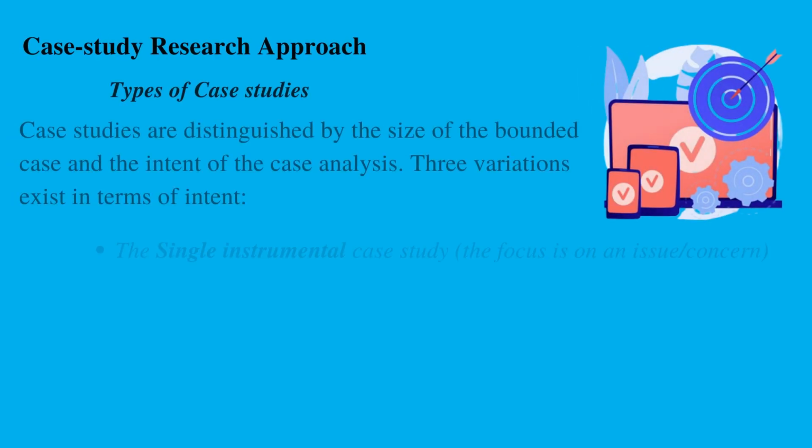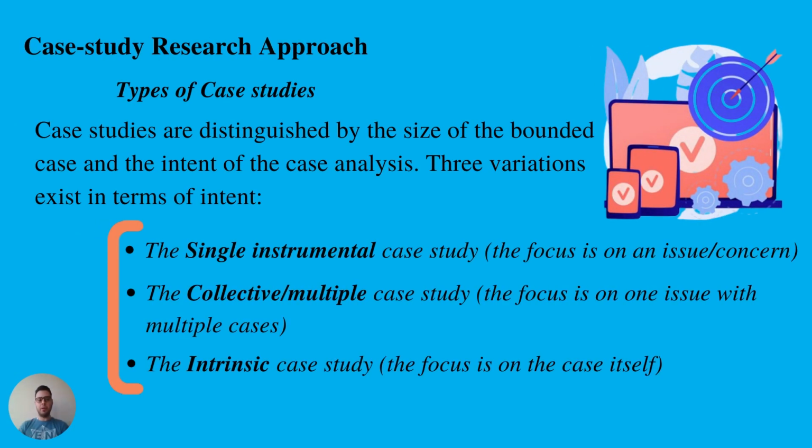In the next slide, I'm going to talk about the types of case studies. Types of qualitative case studies are distinguished by the size of the bounded case, such as whether the case involves one individual, several individuals, a group, an entire program, or an activity. They may also be distinguished in terms of the intent of the case study. 3 variations exist in terms of the intent: the single instrumental case study, the collective or multiple case study, and the intrinsic case study.